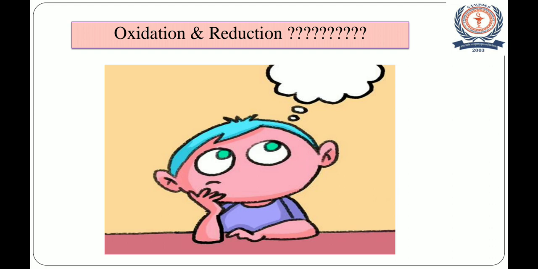Now before going for the exact topic antioxidants, we should know what is exactly oxidation and reduction. So just take a minute and think on these 2 points, oxidation and reduction. You might be learning this in 11th as well as 12th standard.